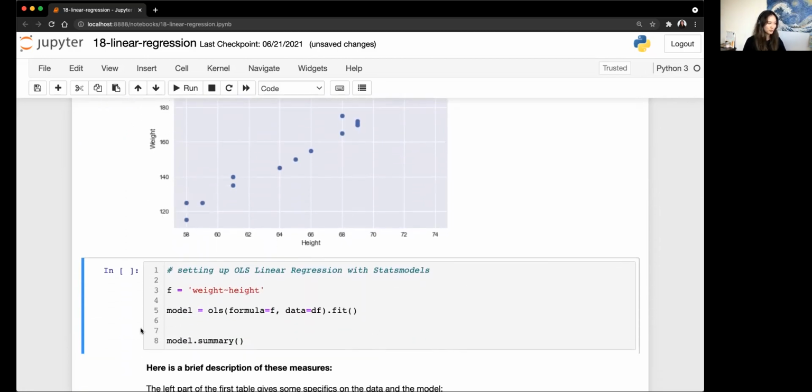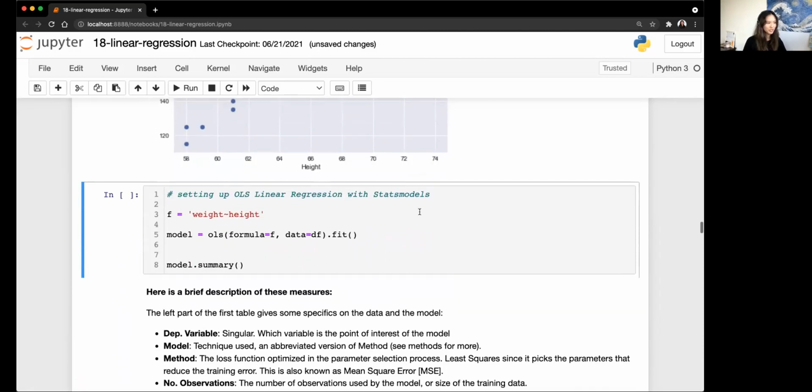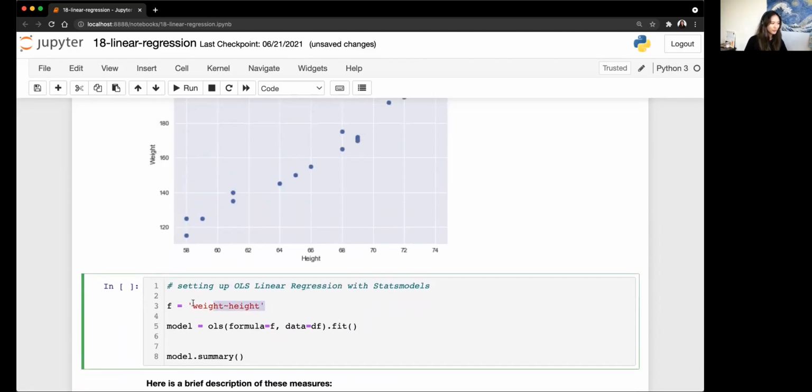What I'm going to do is set up this with statsmodels, and I'll walk through what each of these lines are. First we have the formula f. f is presented as a string. The reason for that, as I mentioned last time, is that this is basically the syntax for the programming language R, and statsmodels is adapted from R. So therefore we have to use this syntax.